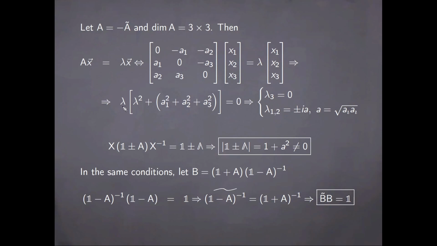eigenvalues. Either lambda is 0 or lambda is an imaginary number having the imaginary part given by the square root of the sum of squares of the non-vanishing distinct elements of matrix A. And with this in mind, it then follows that the matrix here, which is just the identity matrix plus the matrix of the eigenvalues, immediately will have a non-vanishing determinant.